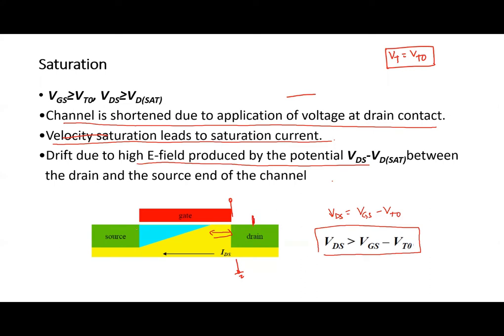The electrons which come from here and are collected at the drain attain the maximum velocity, and beyond that there is no possibility of increase, so your current is constant. The other way the current increases is because of the change in channel length.